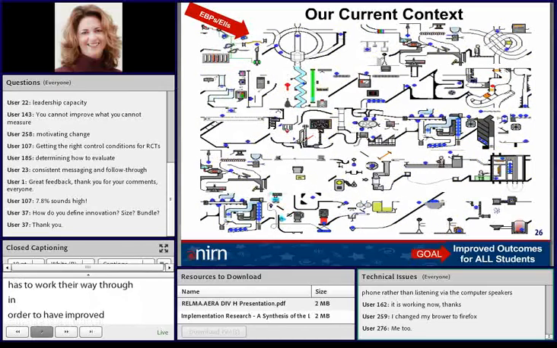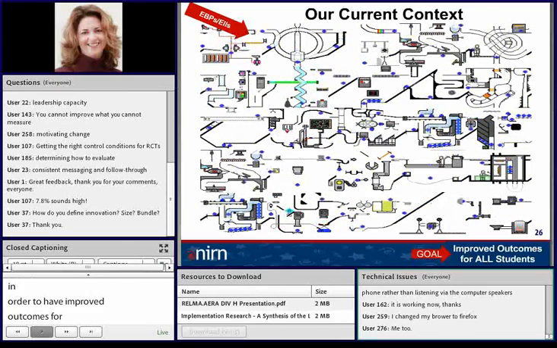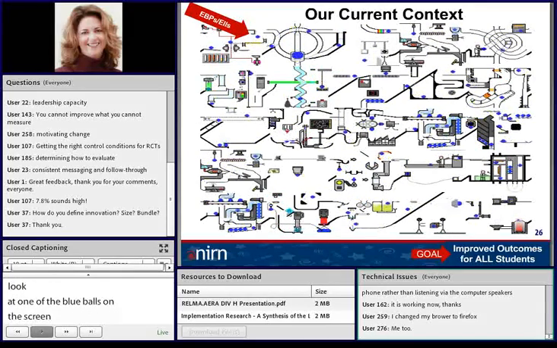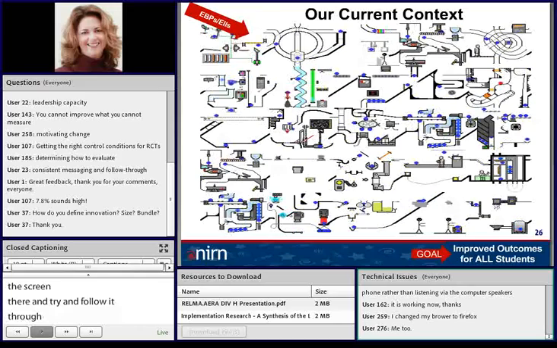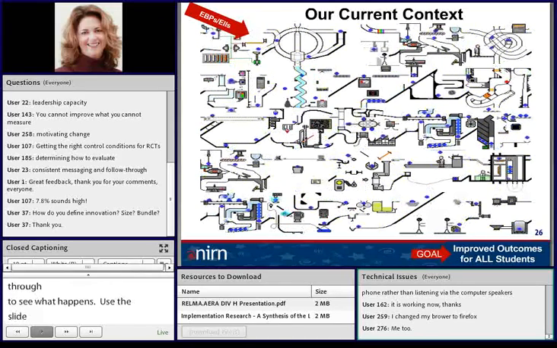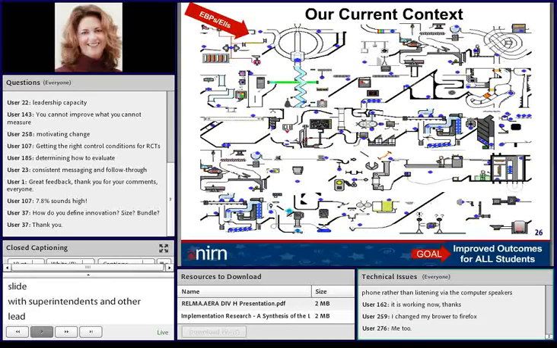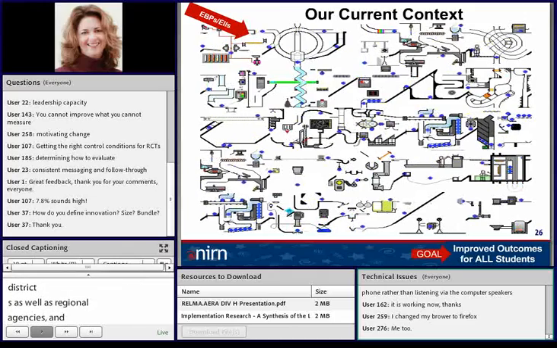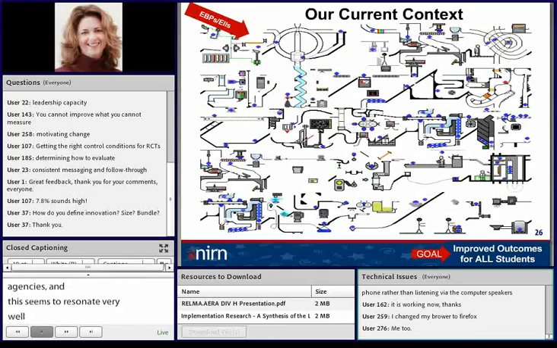Just take a look at one of those blue balls on the screen there and try and follow it through to see what happens. I use this slide with superintendents and other leaders within SEAs and school districts as well as regional agencies, and this seems to resonate very well with folks in that they feel this at times.